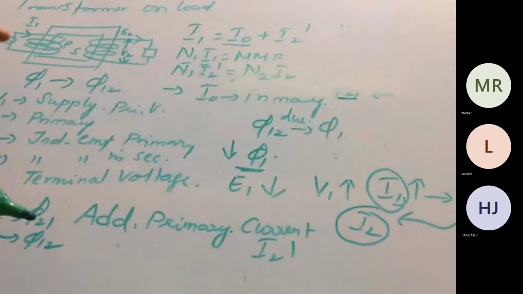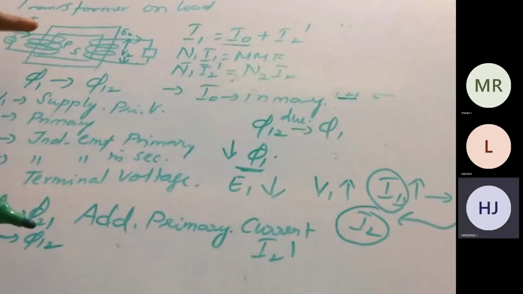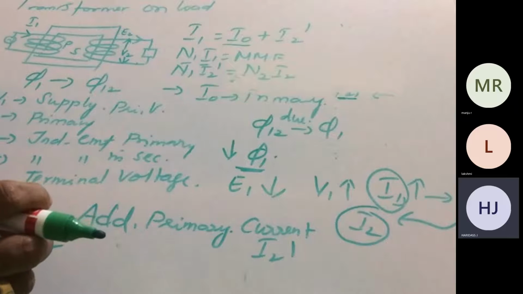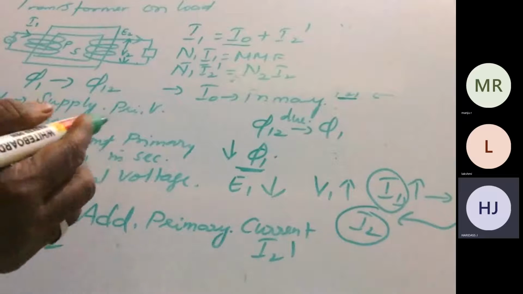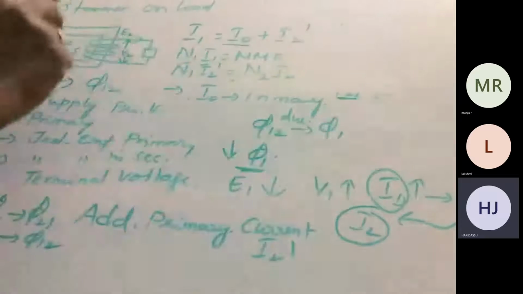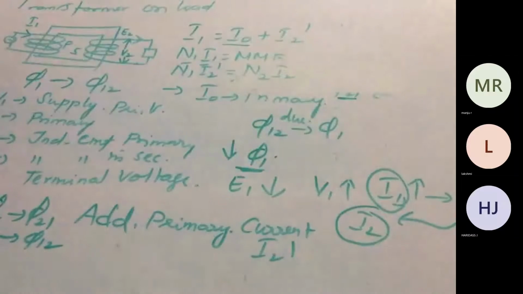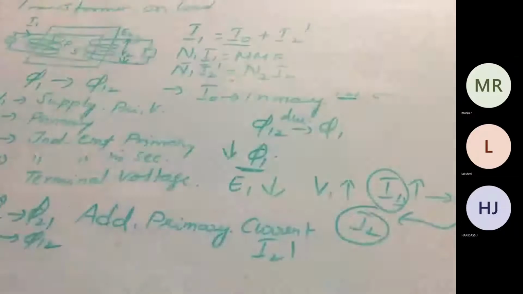Because the flux phi 1 reduces, the induced EMF also decreases, because induced EMF depends on the flux. So induced EMF E1 decreases. So it takes additional supply. So I1 also increases. This additional I1 is due to current I2.